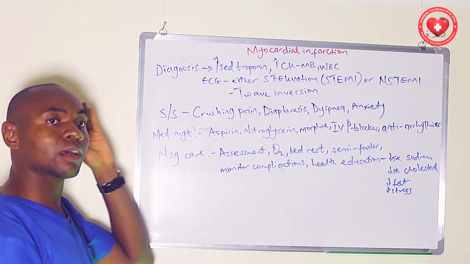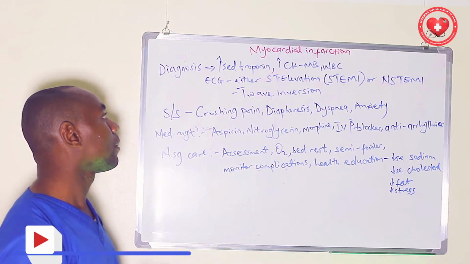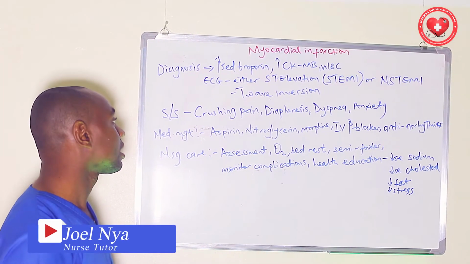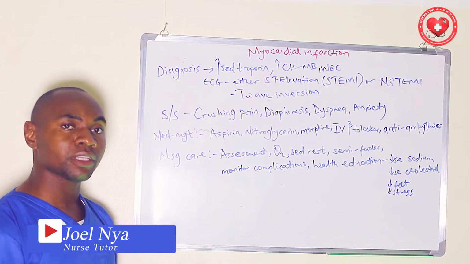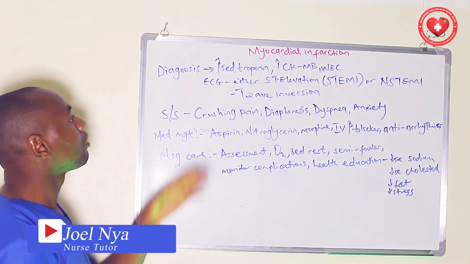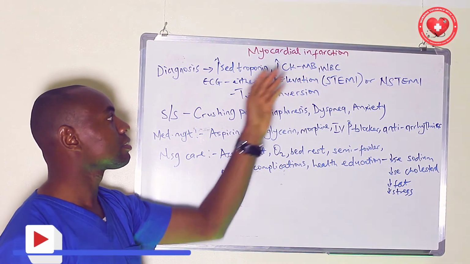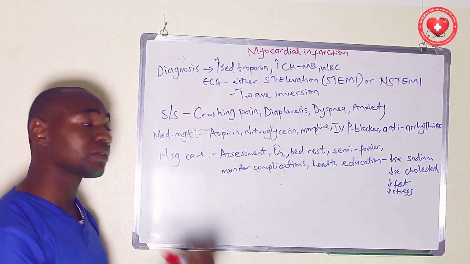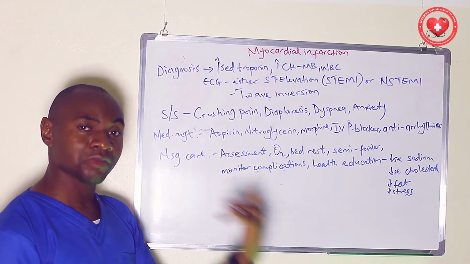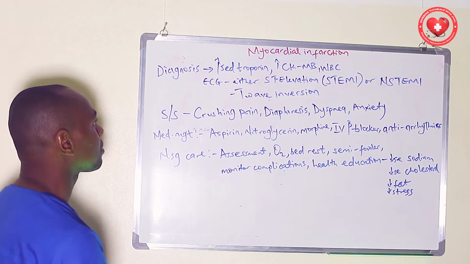The first thing we can do is to check for the cardiac biomarkers. There we have increased troponin levels, and we'll also discover increased creatine kinase and myoglobin, which is a protein that usually increases during myocardial infarction. Also, there will be increased white blood cells.